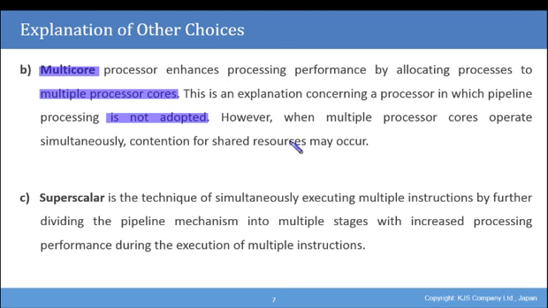However, when multiple processor cores operate simultaneously, contention for shared resources may occur. C, superscalar, is the technique of simultaneously executing multiple instructions by further dividing the pipeline mechanism into multiple stages, with increased processing performance during the execution of multiple instructions.